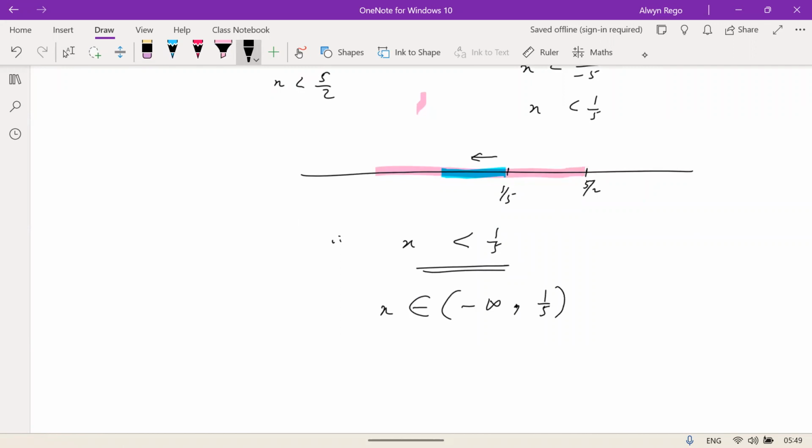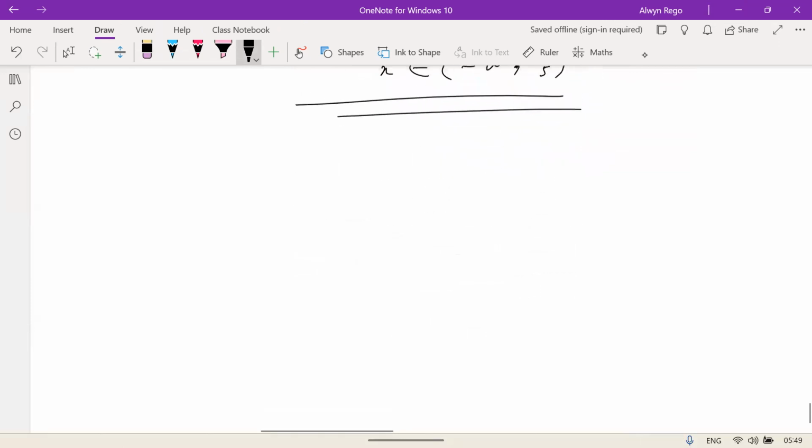So talking about some of the word problems, just pick up a few problems where there are sentences which involve some kind of inequalities in them.